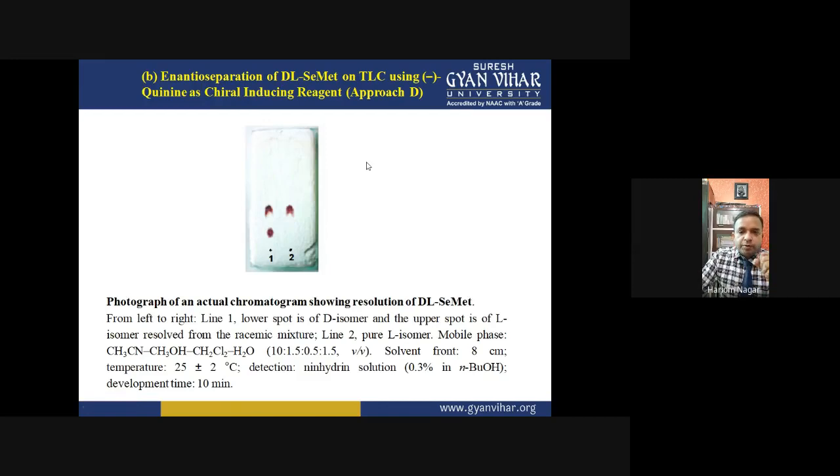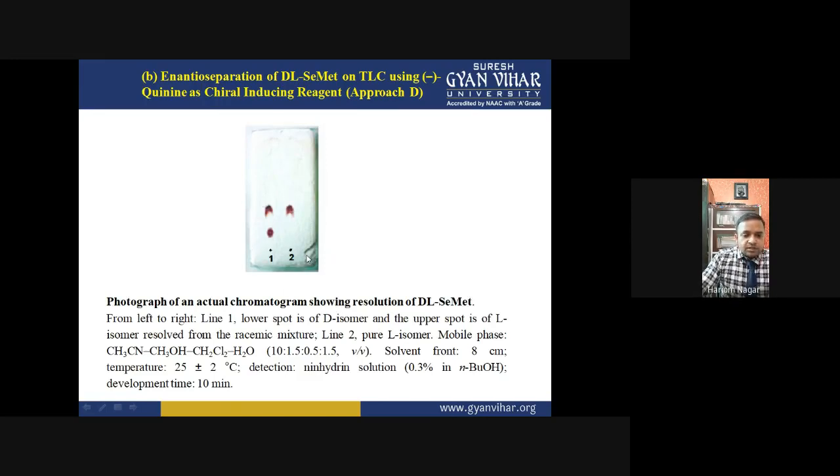We prepared a solution of minus quinine and DL-selenomethionine combined, meaning the chiral selector and the DL-selenomethionine analyte were mixed into each other. And after mixing, this mixture was spotted here on the plate and the chromatographic run was carried out.